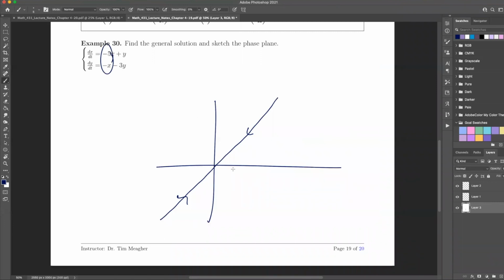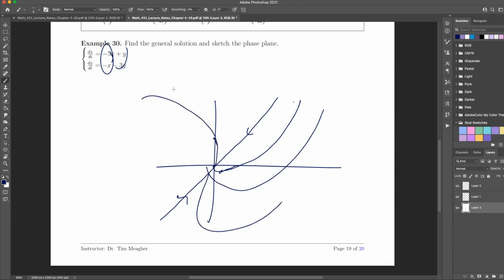So here at 1, 1, I know it's going to come in. It's going to be mighty negative in the x direction, a little bit negative in the y direction, so something like this. And then here at 1, 1, it's going to be positive in the x direction and mighty negative in the y direction like this. So you can see that the curvature would have to be something kind of like this inwards, and also something kind of like this inwards.